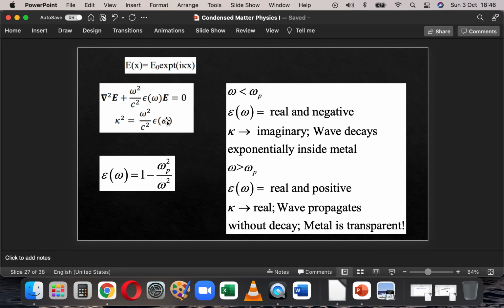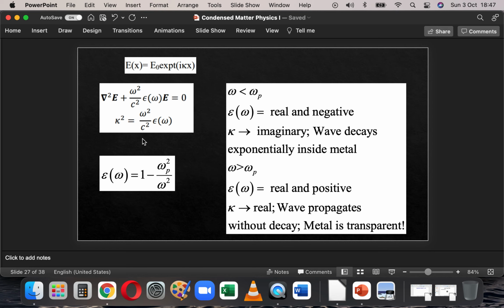So I can write this as k squared, and given this expression for epsilon of omega, if omega is less than omega p, so if you apply an electromagnetic wave to the metal with a frequency less than the plasma frequency, the dielectric constant would be real and negative. That means that because of this expression here, k would be imaginary. So this means that the wave will decay exponentially inside the metal.